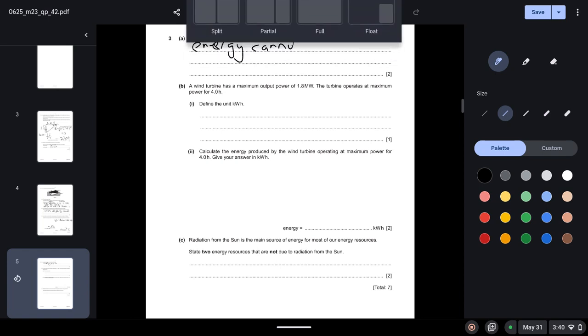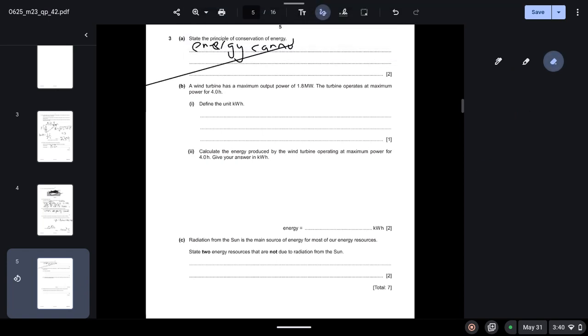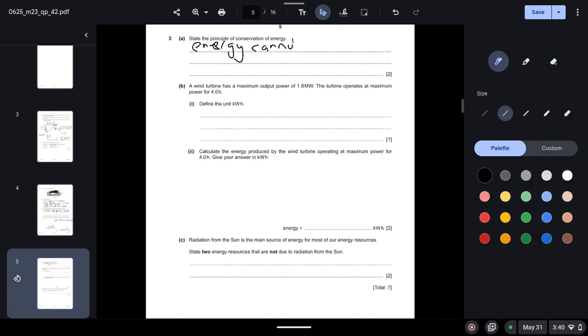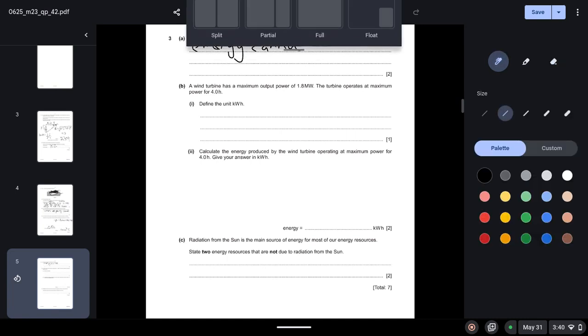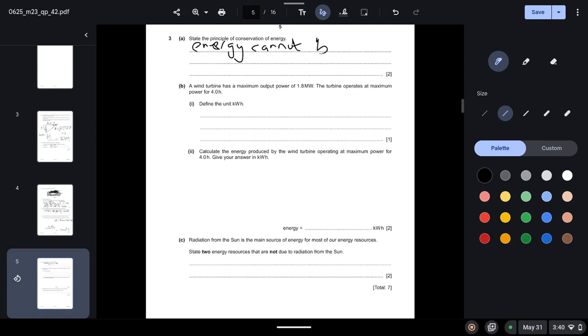Not created or destroyed. Only transferred.